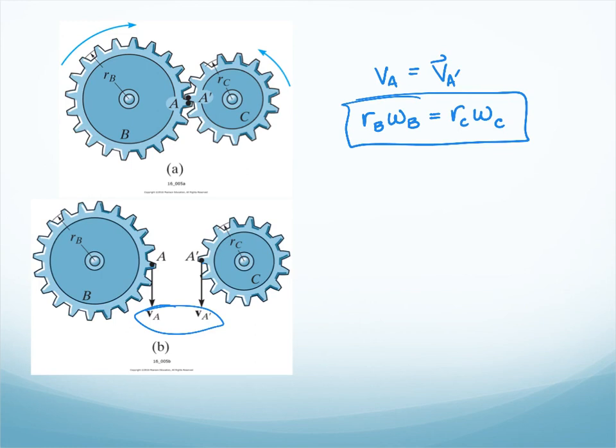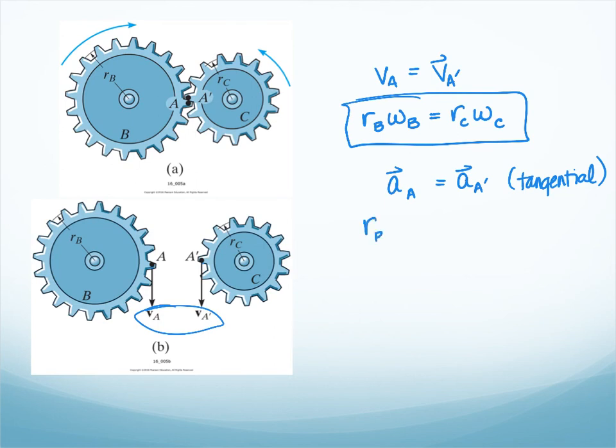And it also turns out that the two are going to have the same tangential acceleration. They're not necessarily going to have the same centripetal acceleration. And see if you can convince yourself why that's true.